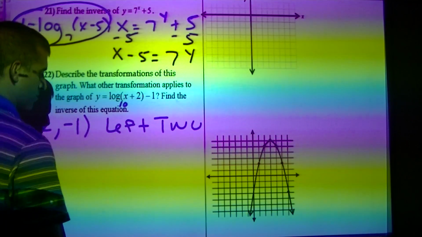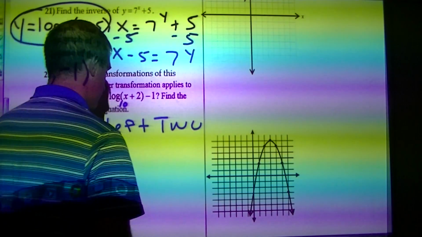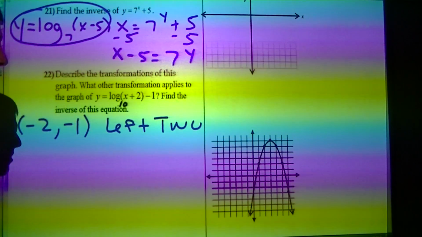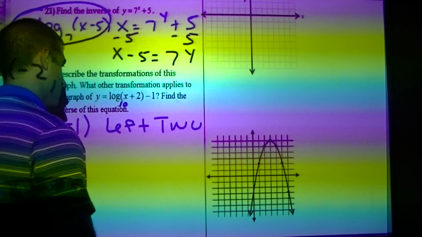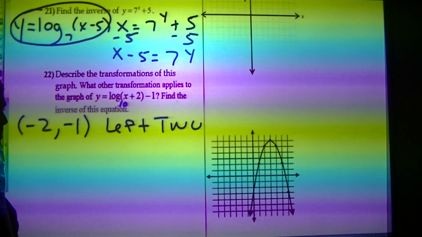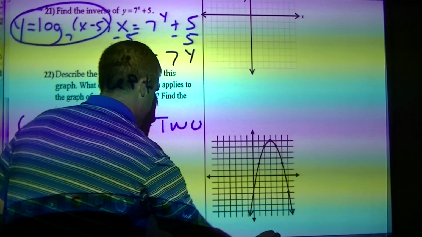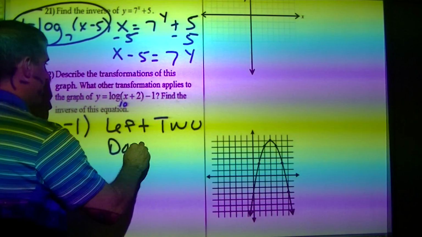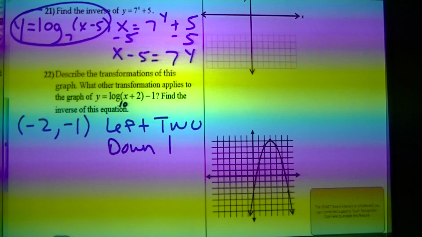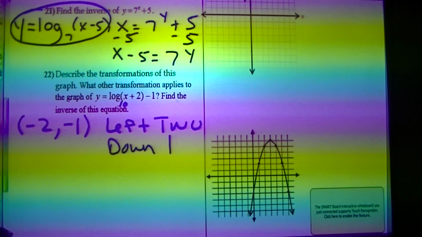Okay, I think it froze a little bit. That's going to be left 2 and down 1. Hopefully my board comes back here. Okay, there we go. Left 2, down 1. So that's the transformation that it's applying.